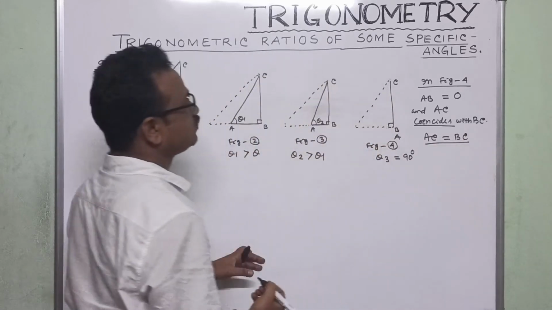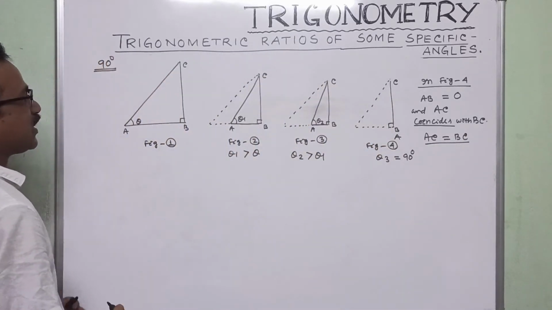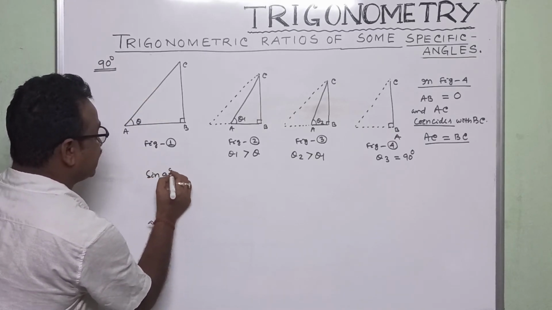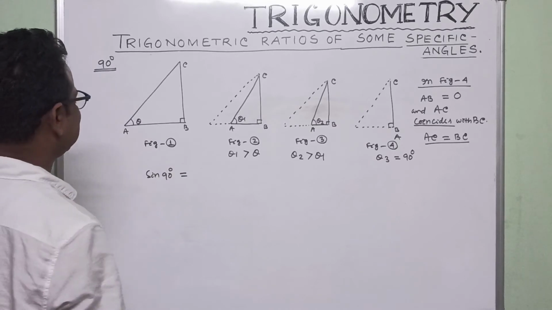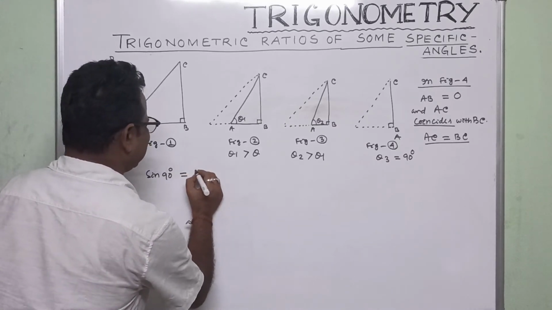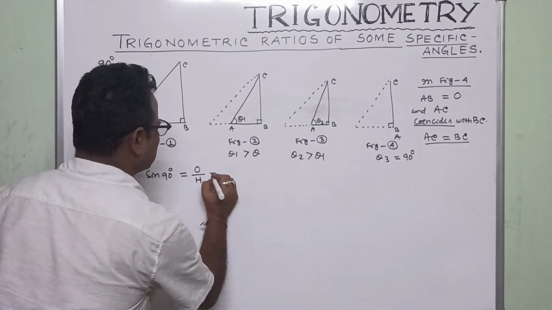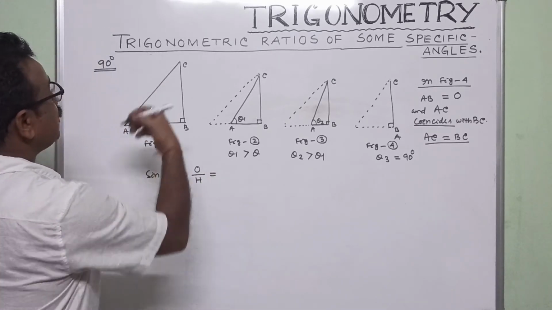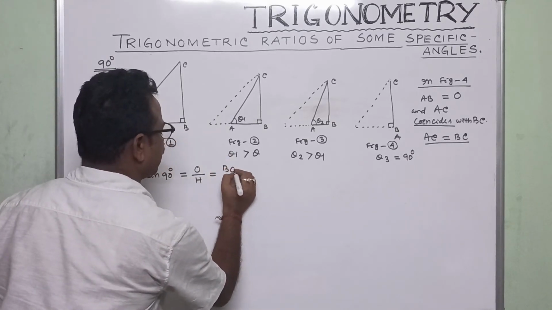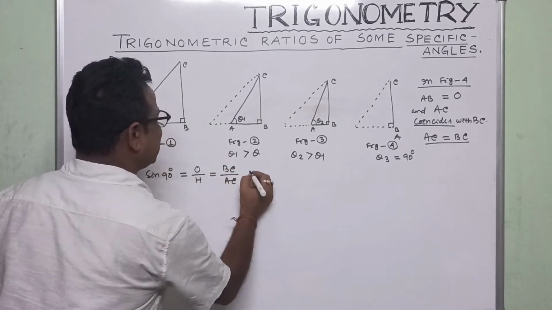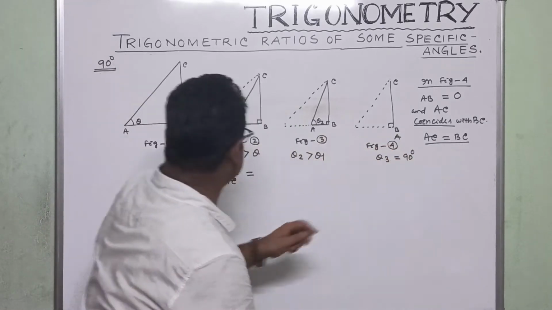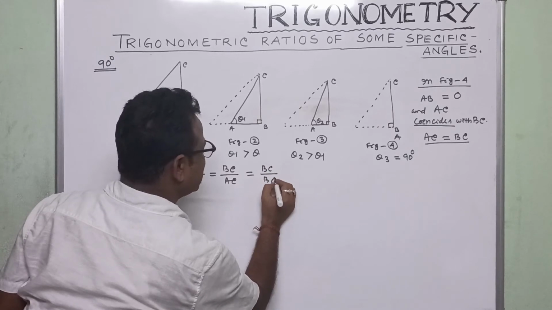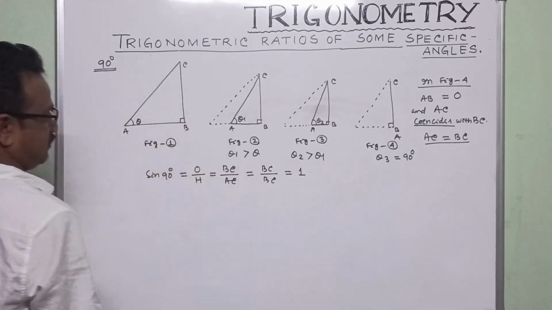Now we are going to find the ratios. Sine 90 degree: sine is opposite by hypotenuse, that is BC by AC. Now BC is equal to AC, so BC by BC is equal to 1.